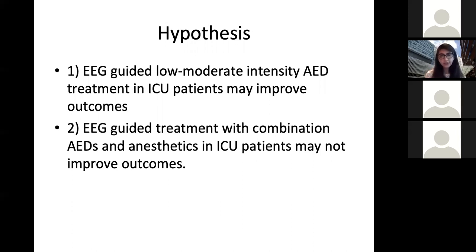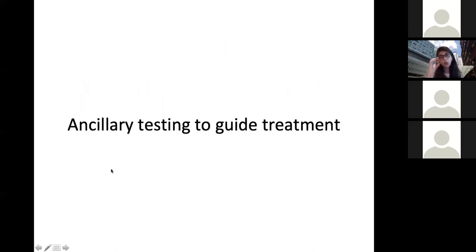However, aggressive treatment with multiple seizure medications as well as anesthetics may not improve outcomes, and we need to understand the risk-benefit ratio in these scenarios. So one of the questions: there's growing data on using other data points or biomarkers and ancillary testing that can help guide treatment, and perhaps just chasing the EEG on its own is not sufficient.